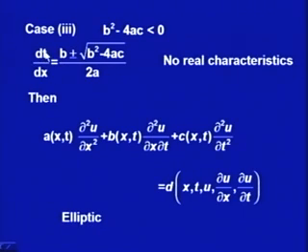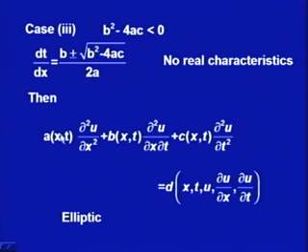So, for this equation a(x,t) del 2 u over del x2 plus b(x,t) del 2 u over del x del t plus c(x,t) times del 2 u over del t2 is equal to a function of (x, t, u, del u over del x, del u over del t), we would call this equation hyperbolic, parabolic or elliptic according to whether b square minus 4ac is positive, equal to 0 or negative.